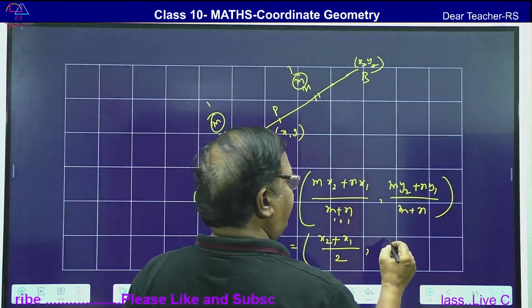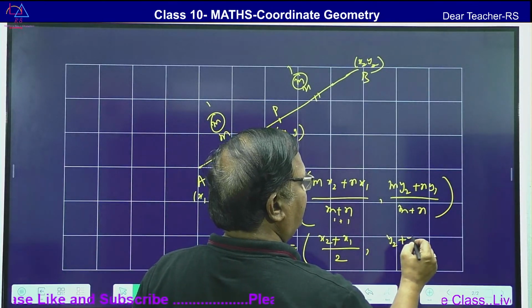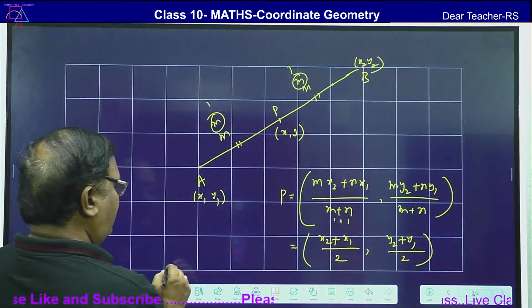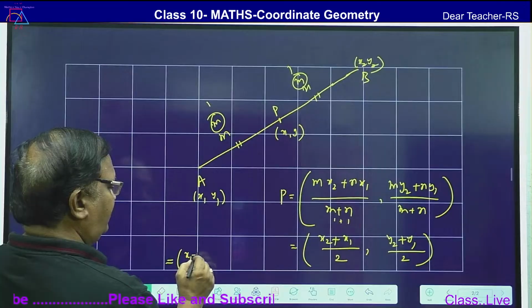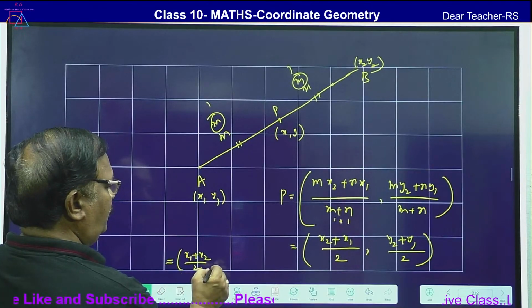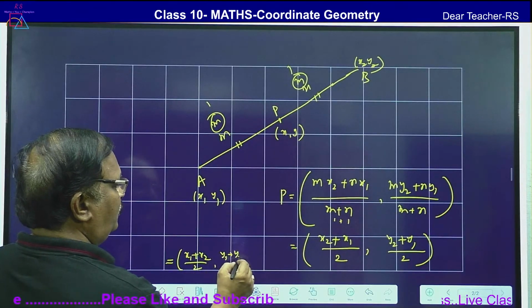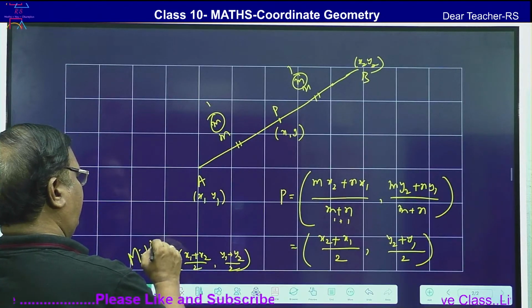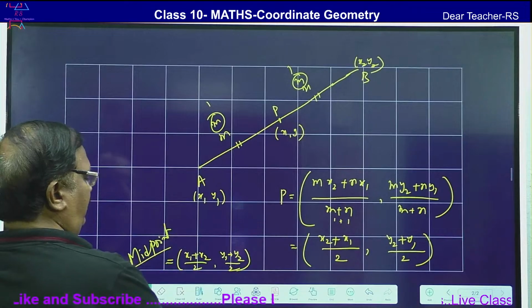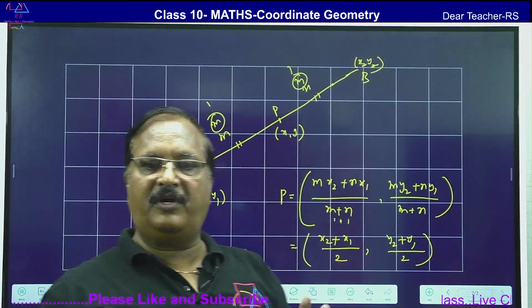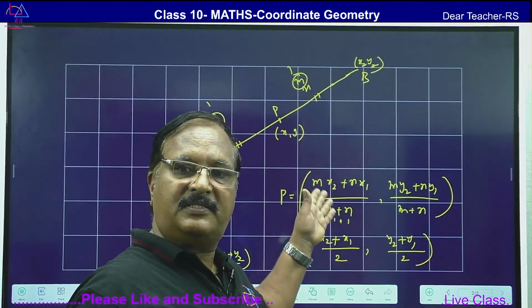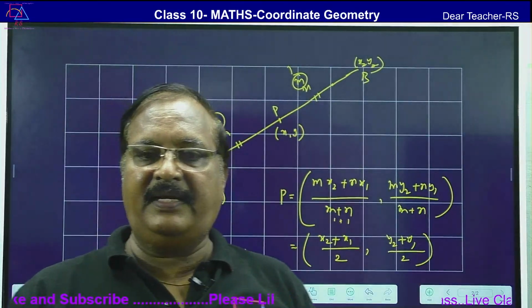Here also the same thing: y2 plus y1 by 1 plus 1, 2. If you write it in order, it is equal to x1 plus x2 by 2, and y1 plus y2 by 2. So this is the midpoint formula. Okay, the midpoint formula comes from the section formula, right?